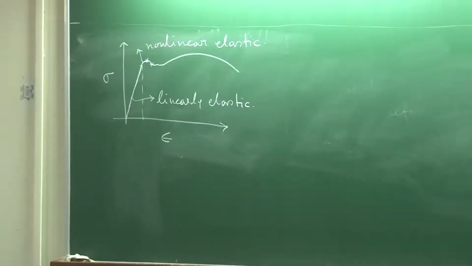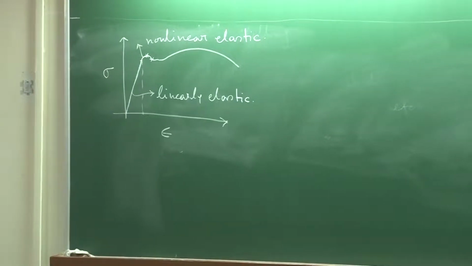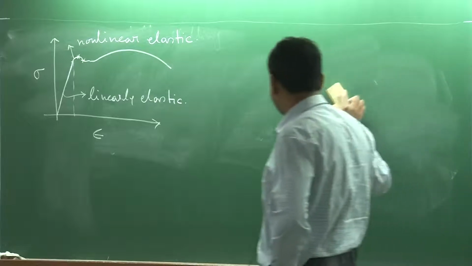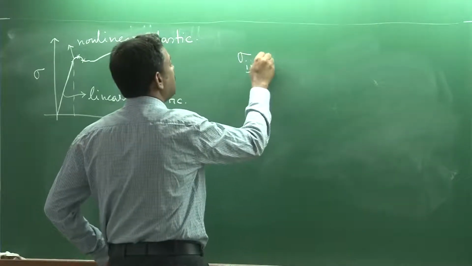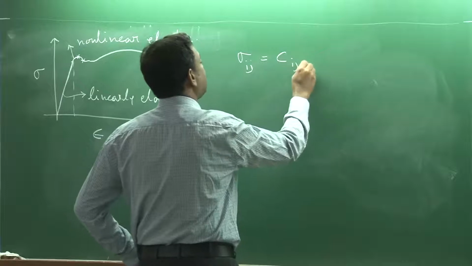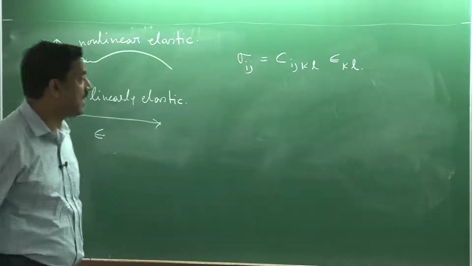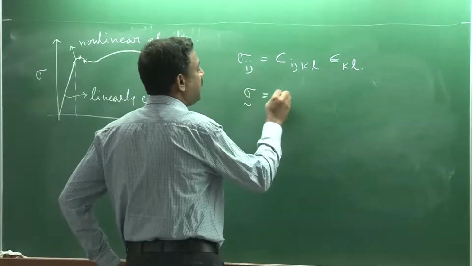So, you see that we are considering a linear elastic material, and in considering a linear elastic material, sigma ij can be expressed in terms of a fourth order tensor, C ijkl, through the contraction operation in tensor notation.